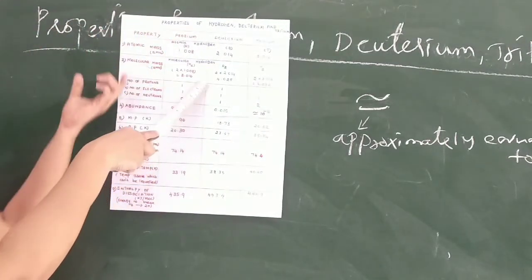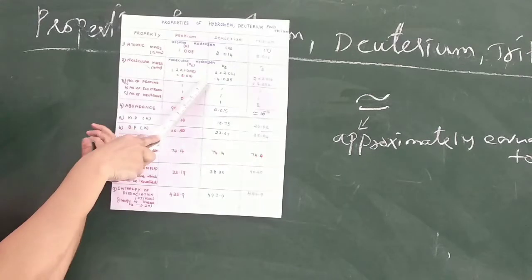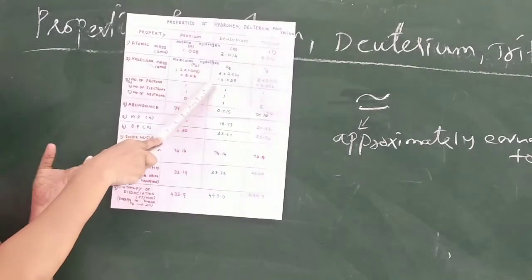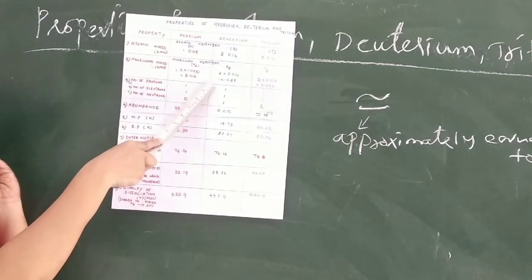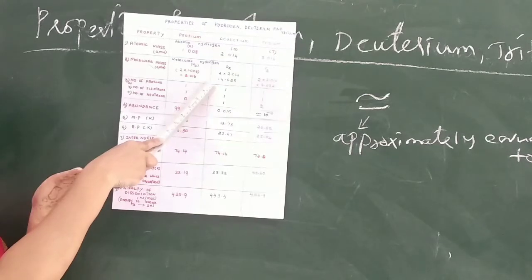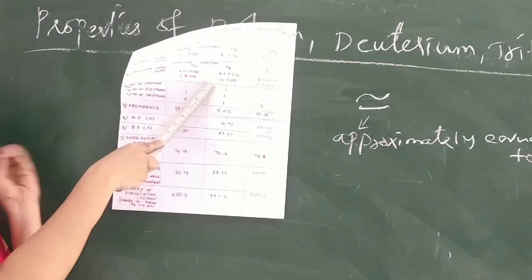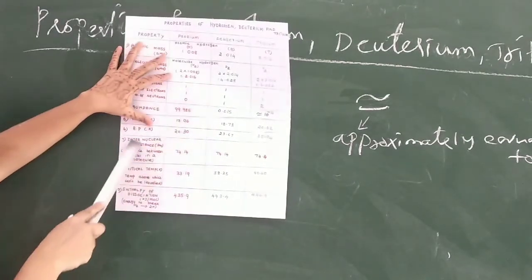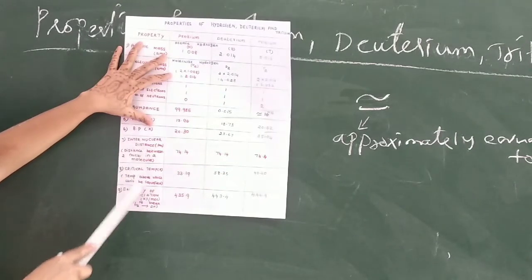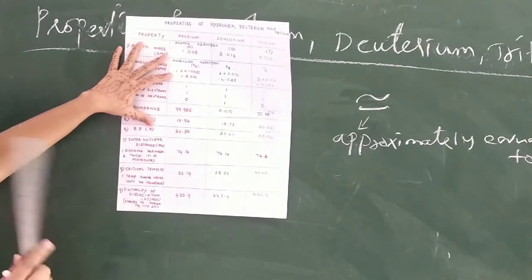You should understand these. When you go through the book, abundance will be present, but these 3 properties you will not find, so just listen.